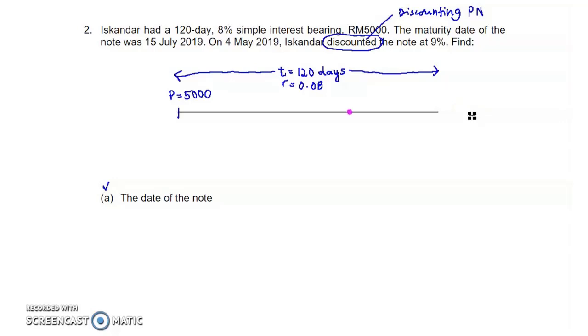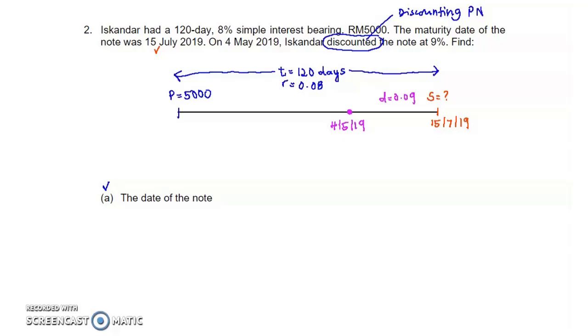So the discounted date is 4th May 2019, and the maturity date is 15 July. Okay, the value here must be value S, which we still don't have. What else? Discount rate. So the discount rate, D, is 9%.